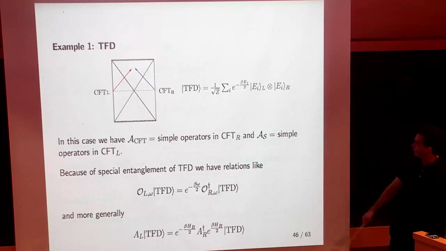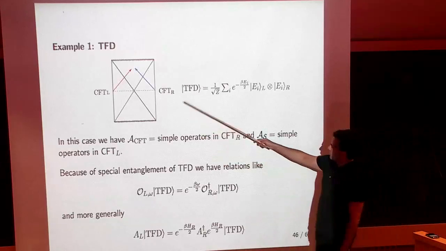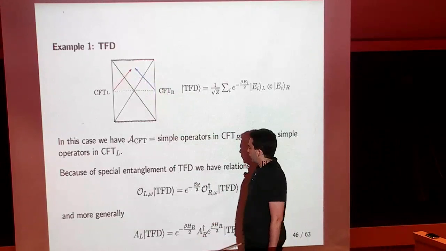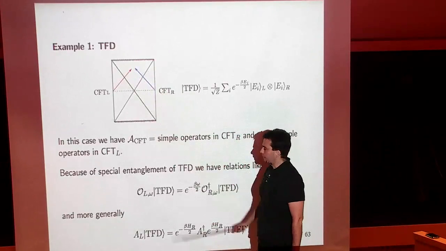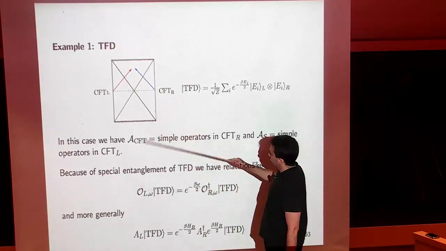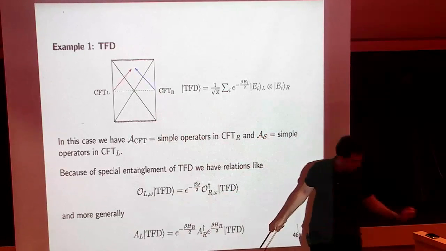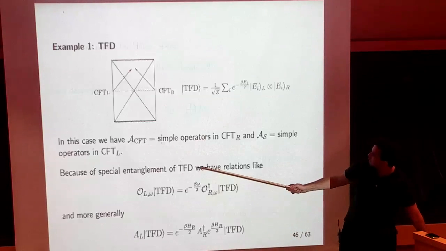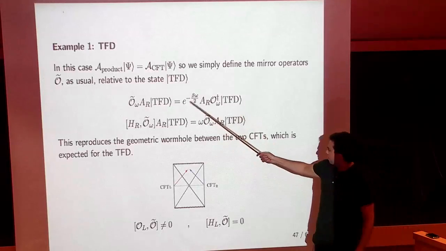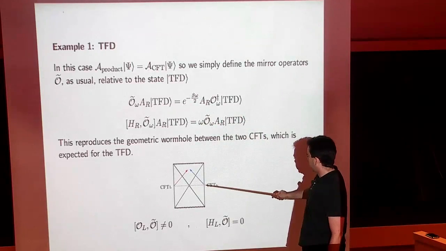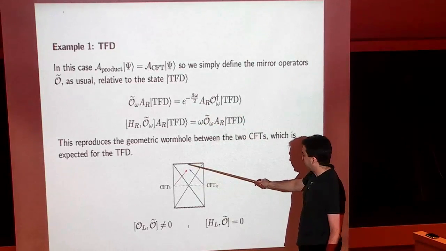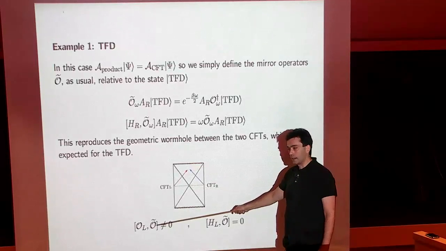If you apply these rules in the case of the thermofield state, you reproduce the statement that there's a geometric wormhole, in the sense that you can compute these mirror operators, and you find that the experience of the infalling observer from the right can be affected by the action of operators on the left CFT.